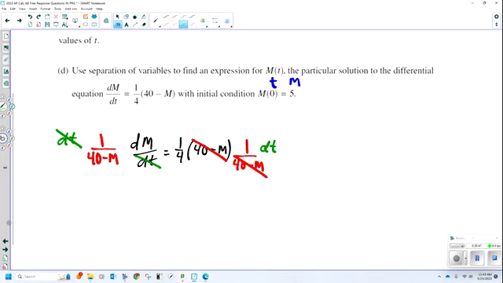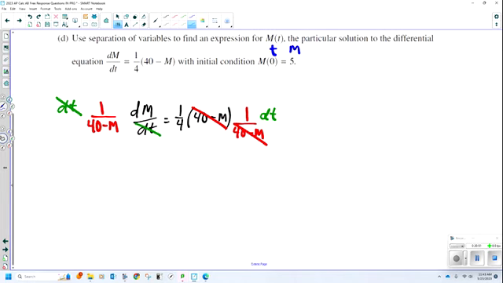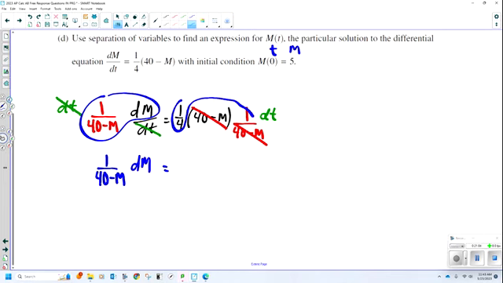So let's write what we currently have together here. We have 1/(40 minus M) dM on one side, equal to 1/4 dt on the other side.